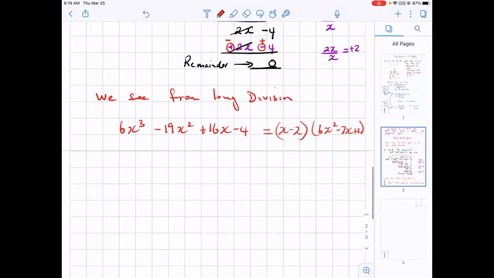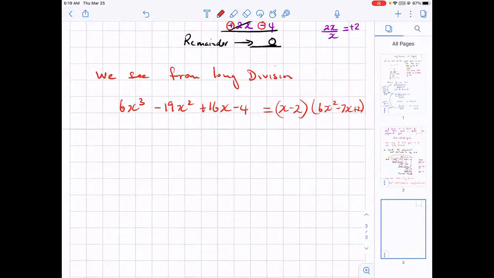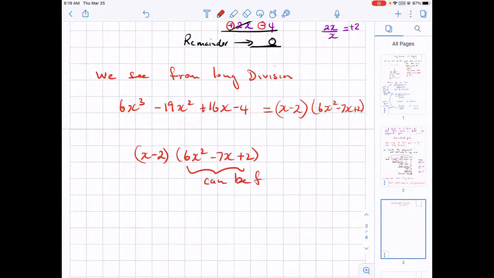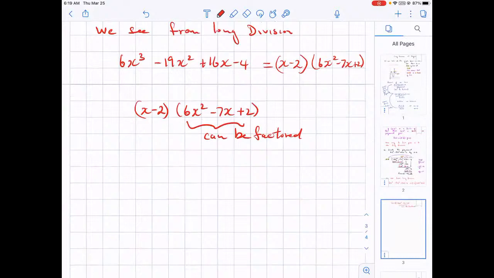Now notice that if we have x minus 2 times 6x squared minus 7x plus 2, this can be factored. And if we factor that, we will get 2x minus 1 times 3x minus 2.